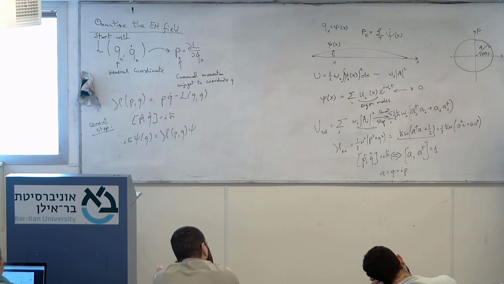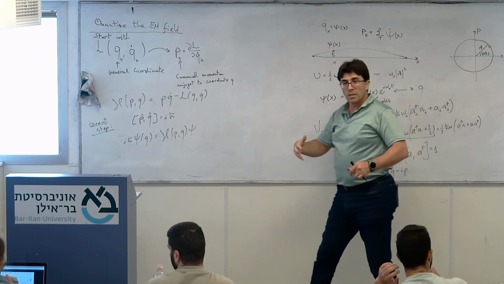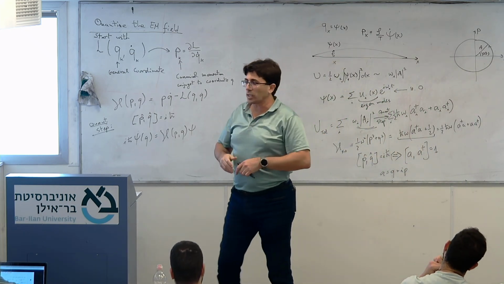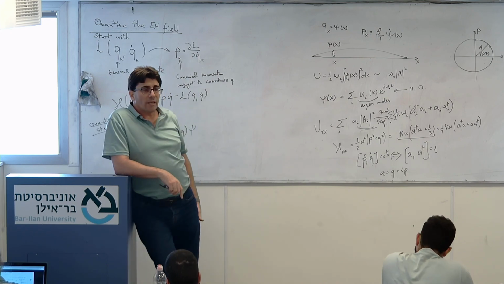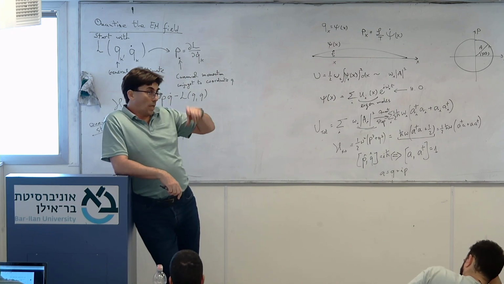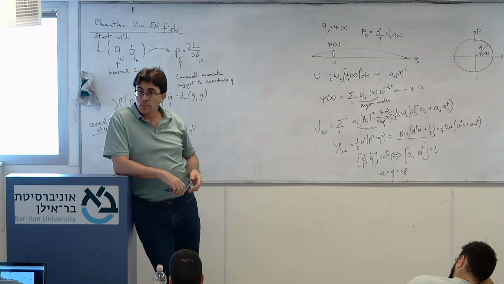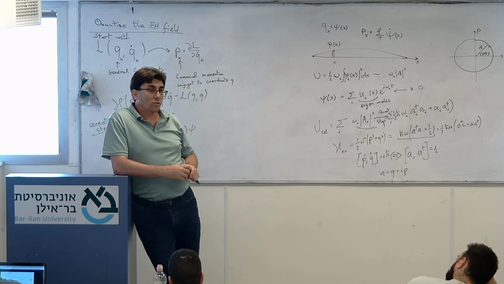So now we know also what to identify. We understand that the complex amplitude of the string, since the string of course has an amplitude and a phase, combines into a complex amplitude.